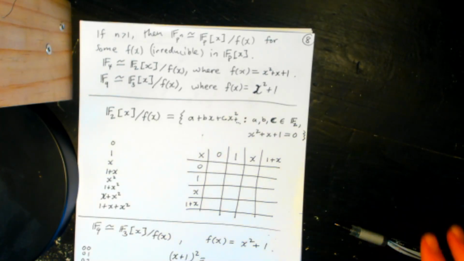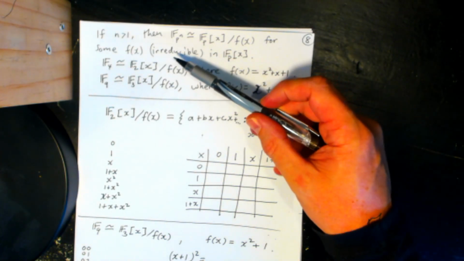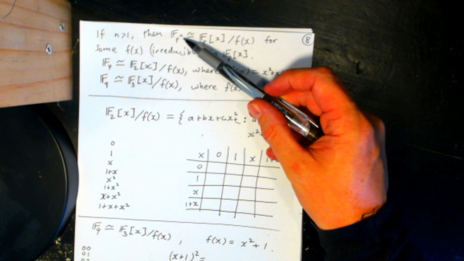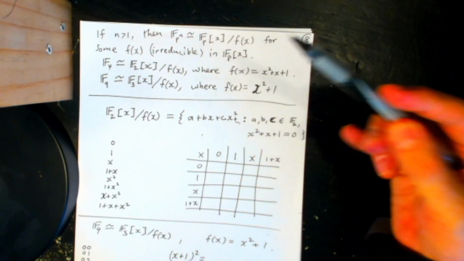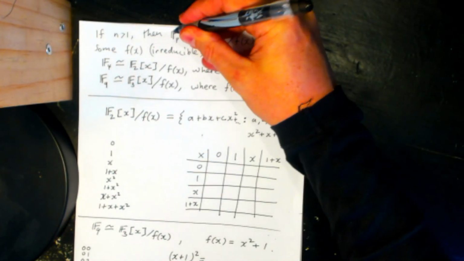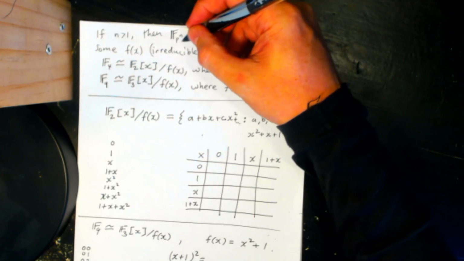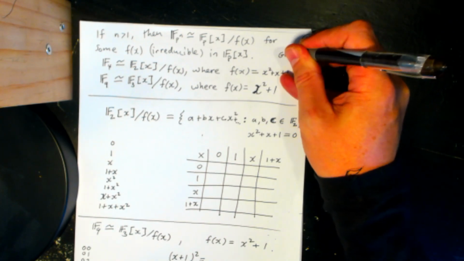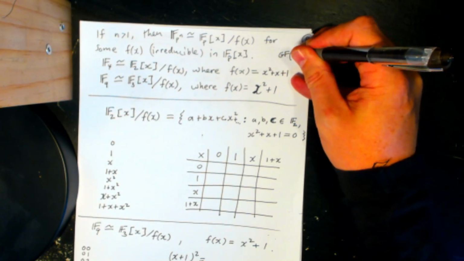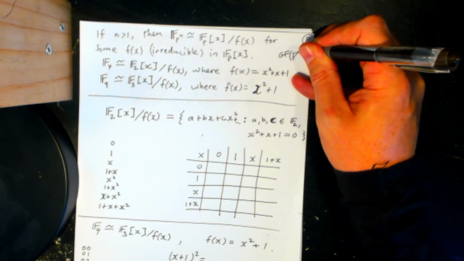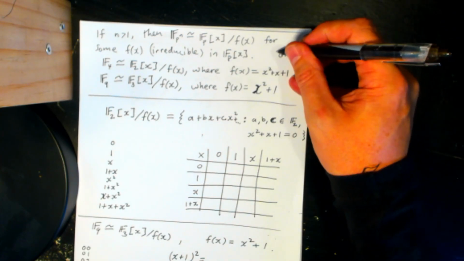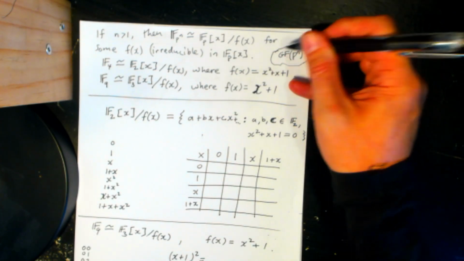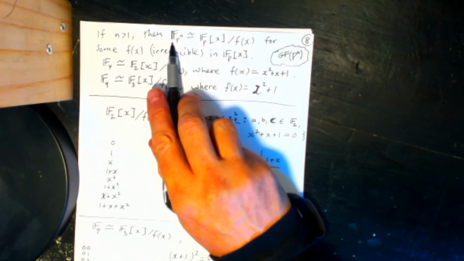If n is greater than 1, then the finite field with p to the power of n elements, and we also call this Galois field, or GF(p^n), is another notation for the same thing.